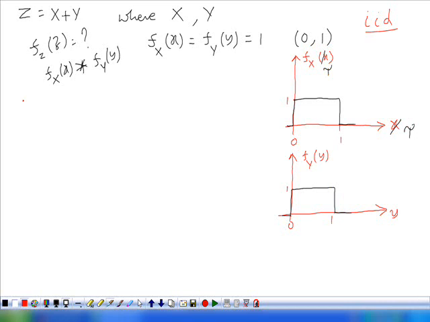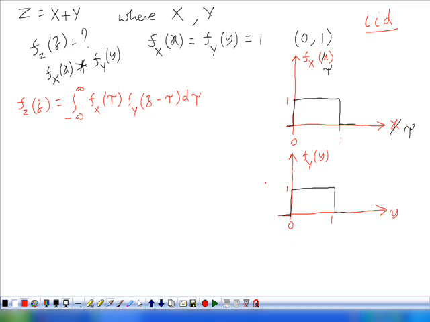If you observe the equation, this f_Z(z) is equivalent to the integral from minus infinity to plus infinity of f_X(tau) f_Y(z minus tau) d tau. We simply replaced x with tau, so we obtained f_X(tau). Now we have to find f_Y(z minus tau).